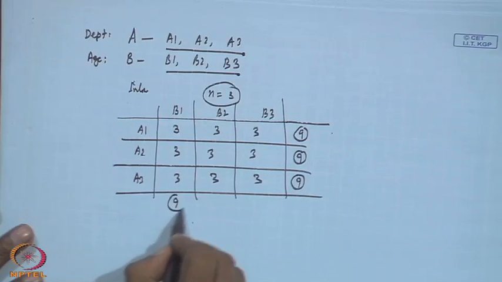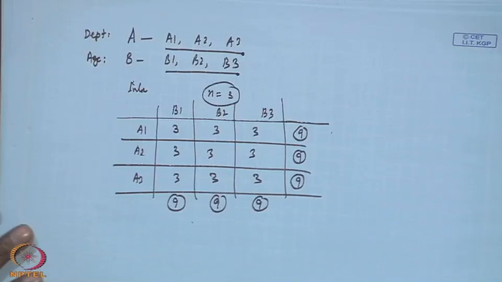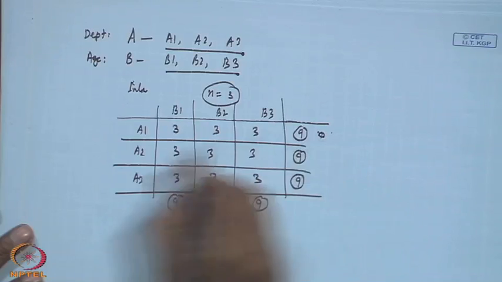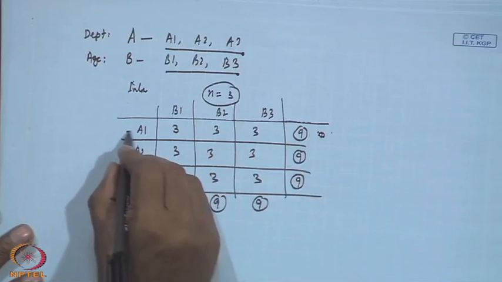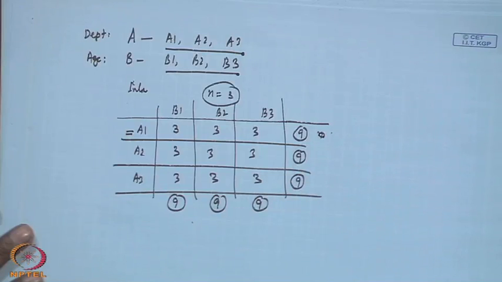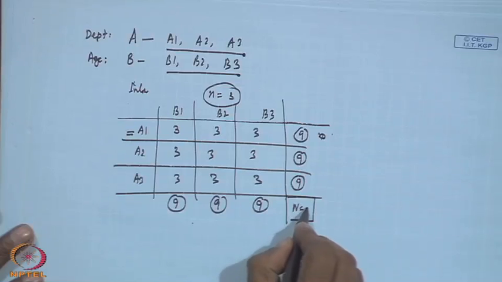Similarly, across age group 1, age group 2, age group 3, 9 data points each. Then the gross total, capital N, is 27.